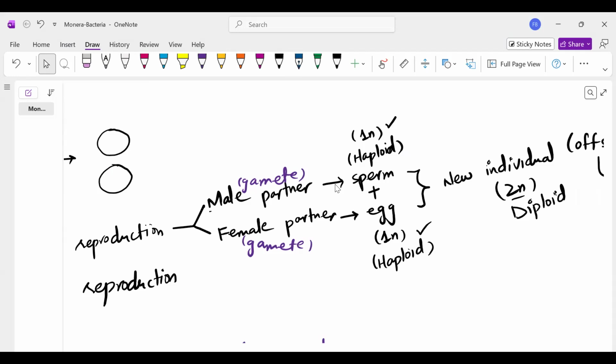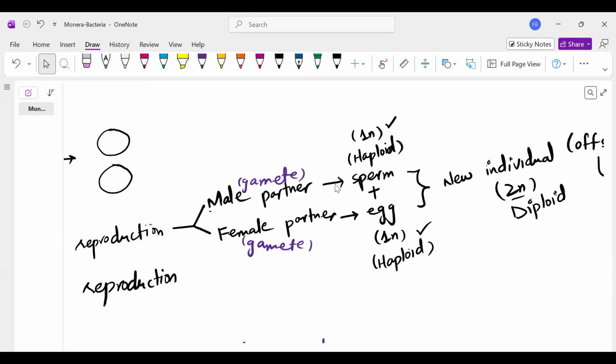Like you may have more similarity with your father, or one of your siblings has more similarity with your mother. Some characteristics of one parent may dominate in one offspring and the other may dominate in the other offspring. So there is variation in sexual reproduction.